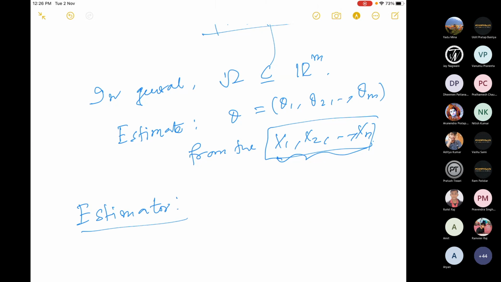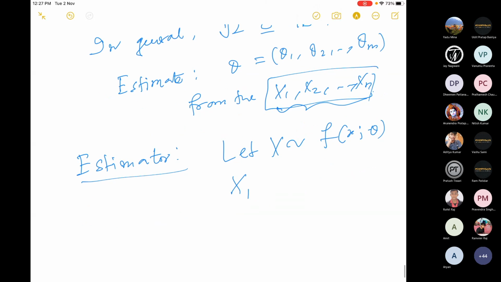So I have to estimate theta, the parameter or parameters, using the random sample. Let me set my notation here. The density is f(x, theta), and the sample is x1, x2, ..., xn, which are all IID from X. So this is a random sample.